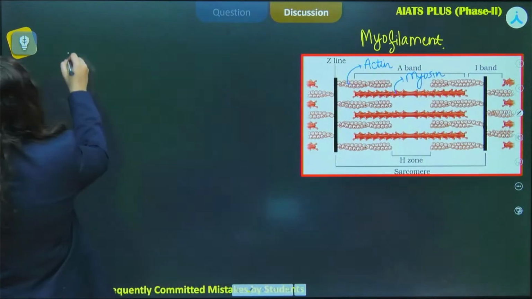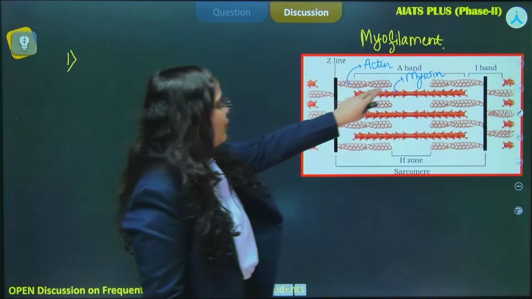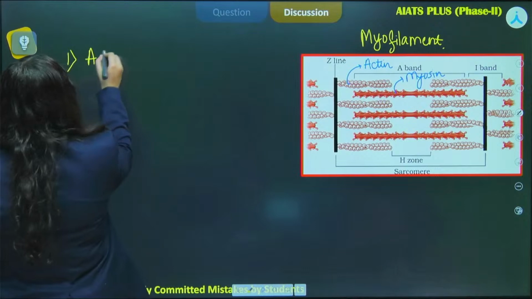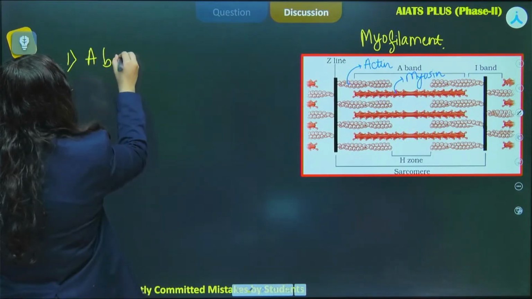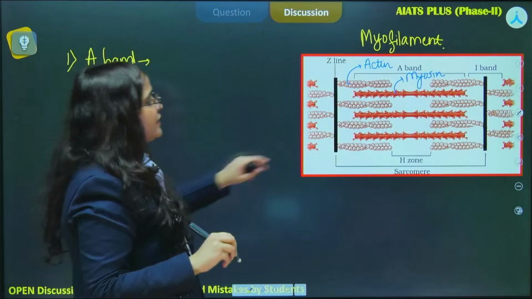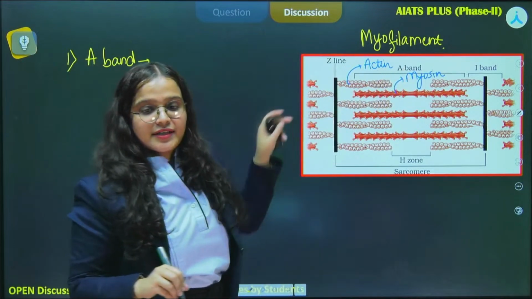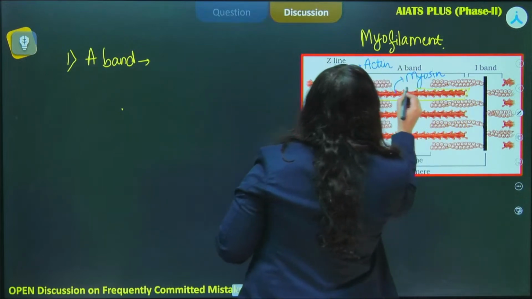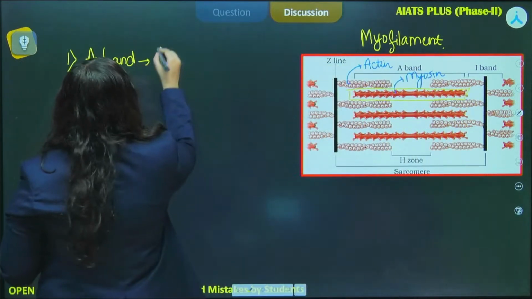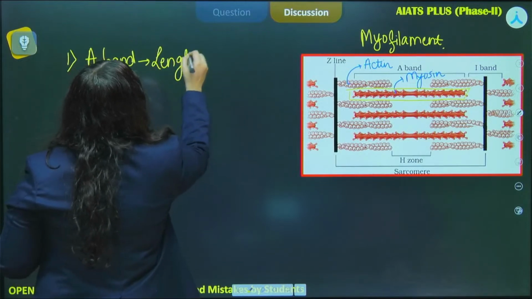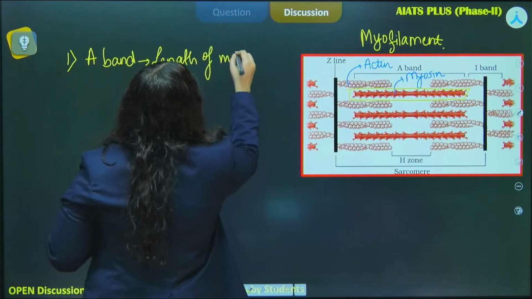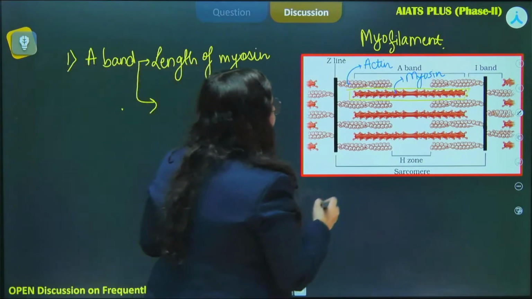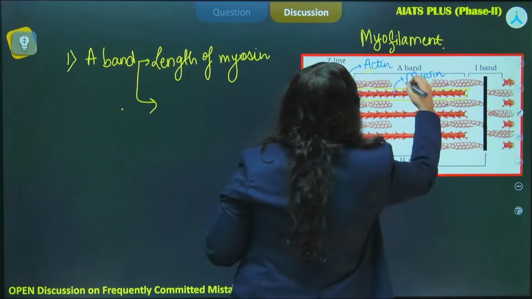first of all we can see that we have one A band. Alright. So A band represents the length of this myosin. So we can also say that A band represents the length of myosin, and it is made up of both actin and myosin.